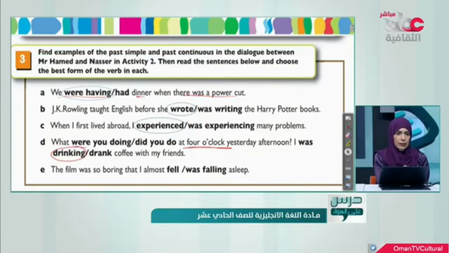The question is in continuous form, so I will use the answer in the continuous form too. Now let's move to E. The film was so boring that I almost fell or was falling asleep. The answer is fell because it means the completed action.